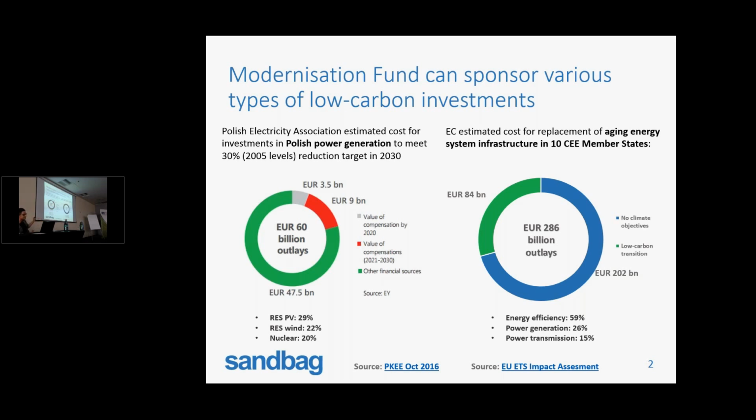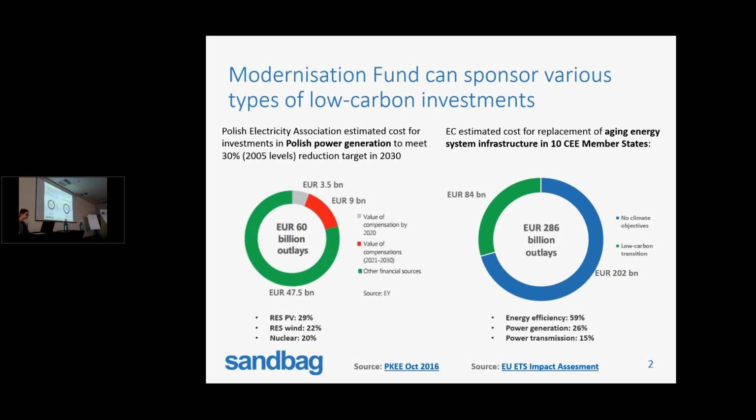I've done the same with the data that the Commission has provided, which you can find in the link in Annex 10. I also calculated some things together, and that would be the total cost. It would be 286 billion in outlays, and this is the percentage of the cost.